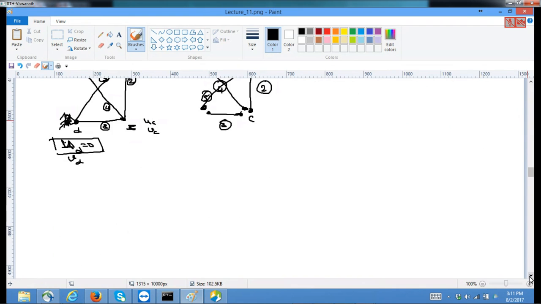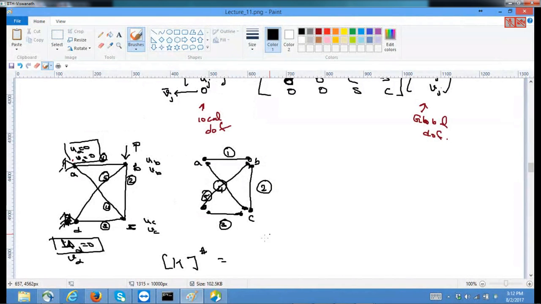So what we will do is, the element stiffness matrix for element 1 is given by [1, -1; -1, 1] with UA, UB.